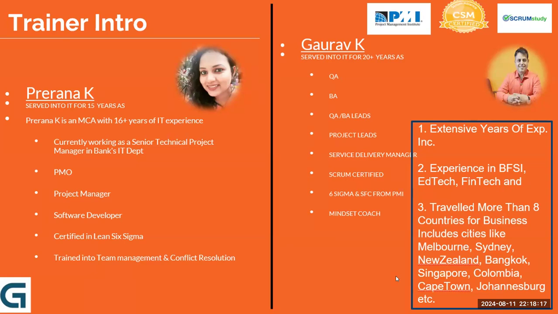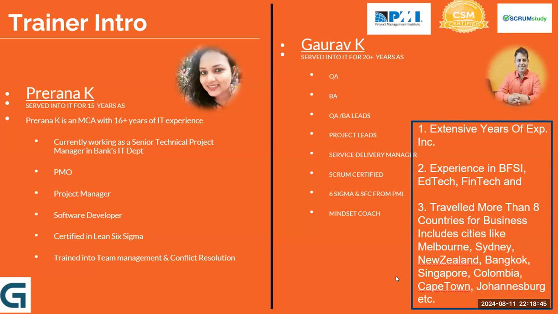Apart from this, I work with individual businesses as well as all across the world. I am a mindset coach and business coach, and I'm Scrum certified. I'm a lean practitioner, lean Six Sigma certified. I have traveled to more than 8 countries, and I have trained all over the globe, people in the age group of 18 to 80 plus.